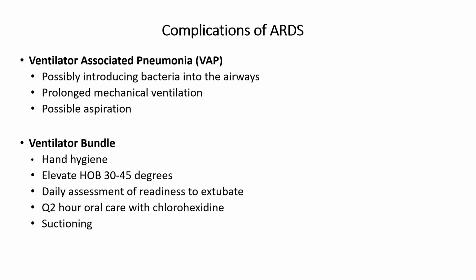We follow that ventilator bundle. It is a set of evidence-based interventions proven to prevent pneumonia in ventilated patients. These are all nursing-driven interventions, which means you can play a key role in preventing ventilator-associated pneumonia. The bundle includes hand hygiene, which is the number one defense.